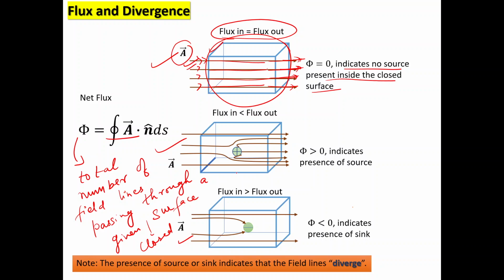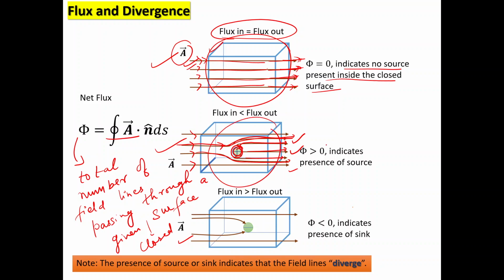But in the second case, suppose a source is present that is also contributing field lines. Then the incoming vector field lines will diverge at this point, such that the number of lines entering this volume is 4, but more field lines are coming out of the considered volume.